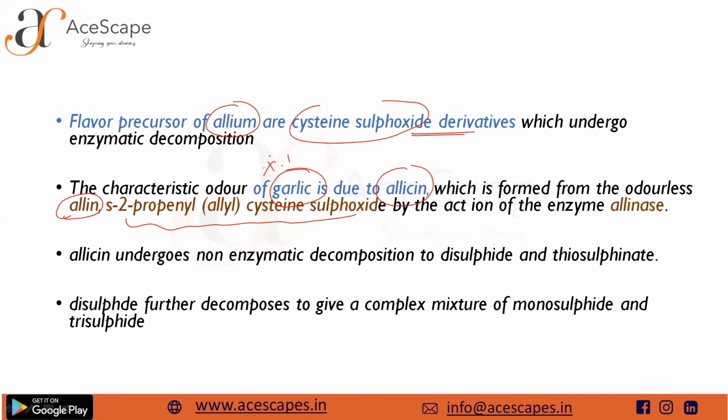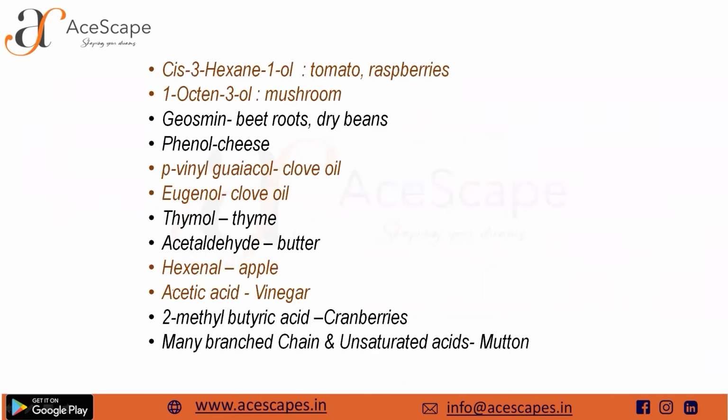By the action of the enzyme alliinase, it will get converted into allicin. This is how allicin is produced. So these are some of the compounds, and this is very, very important.